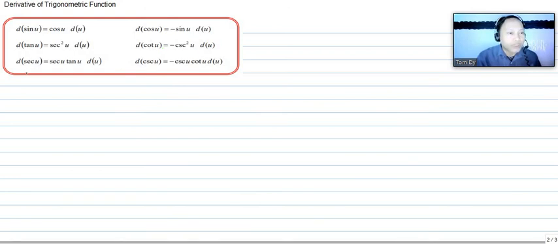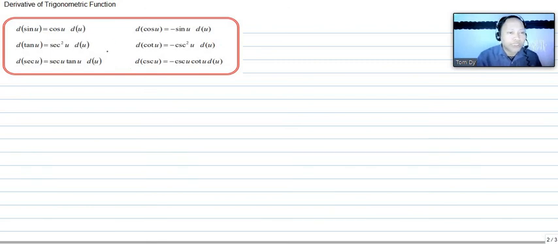And also, the derivative of secant u equals secant u tangent u du, and the derivative of cosecant u equals negative cosecant u cotangent u du. In other words, the derivatives of trigonometric functions that start with the letter C are negative. So take note of these derivatives of our trigonometric functions.